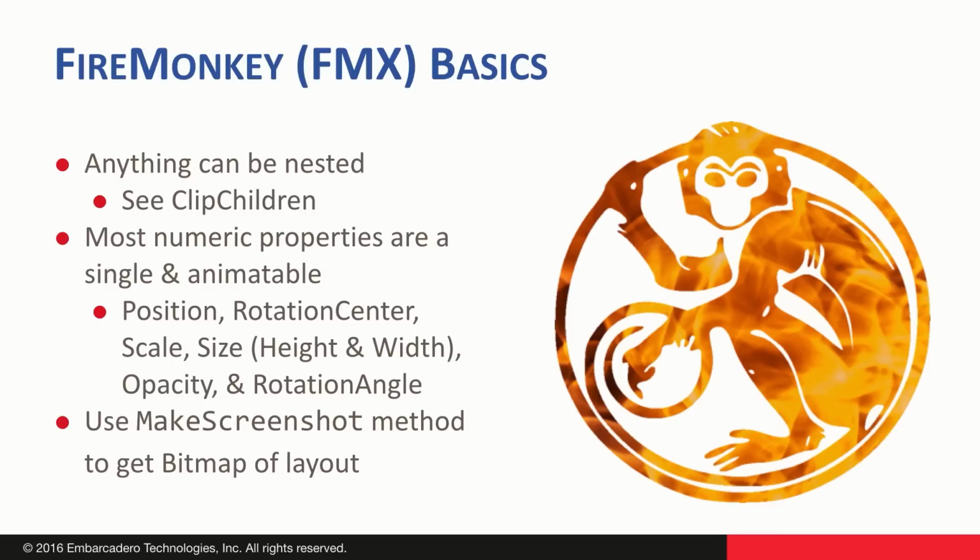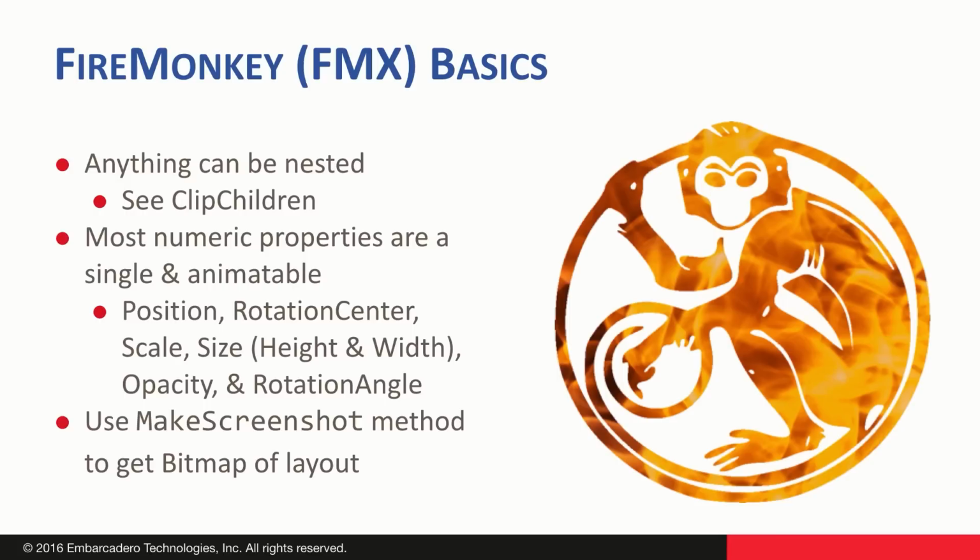And so what that allows you to do, if you have clip children off, then you can put a label on an edit box and move it to the left. And then anytime you move the edit box, that label stays relative to it. So that's really useful. But if you turn clip children on, then you can put something inside of it that's larger than its client area, and it just clips the edges off so it doesn't actually go outside of it. So very, very flexible in the way you do that.